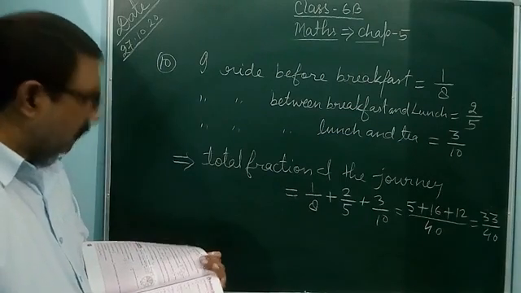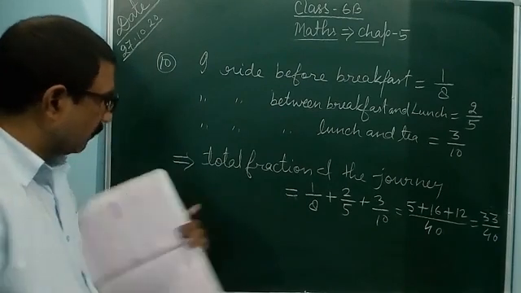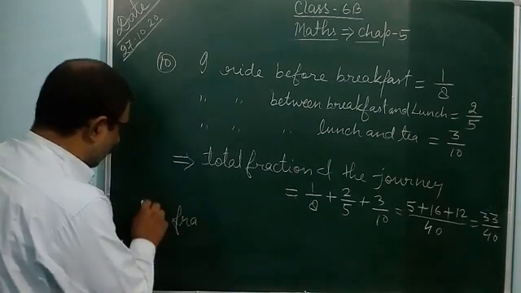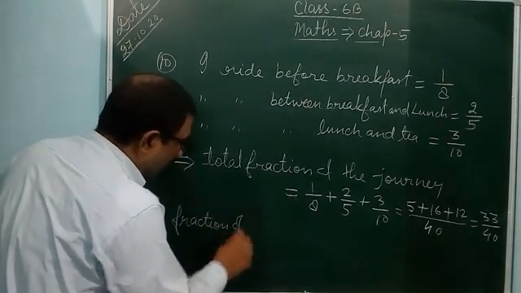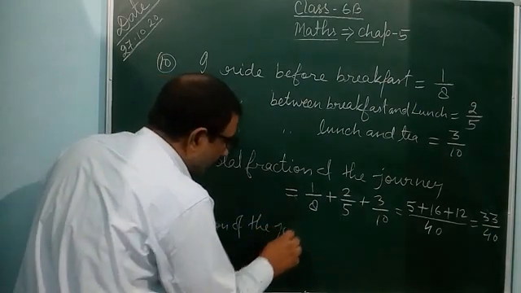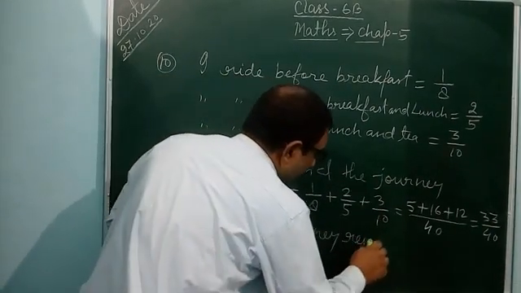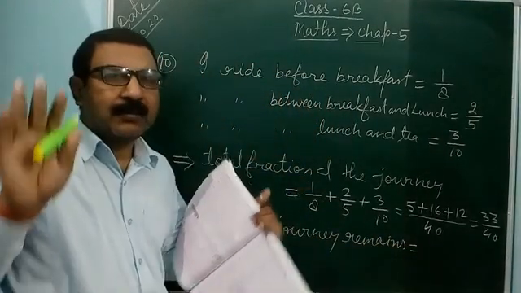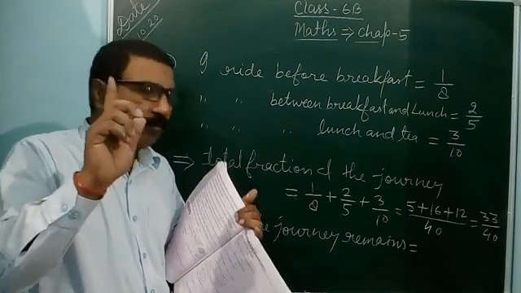And what fraction of the journey remains? Take this. Total journey is 1 whole. Each journey means 1 journey, 1 journey means whole 1.